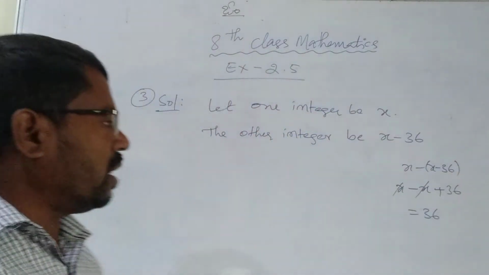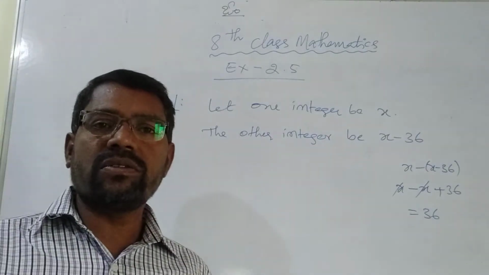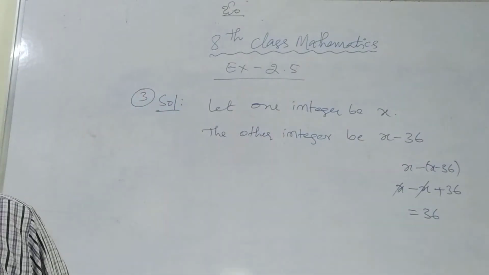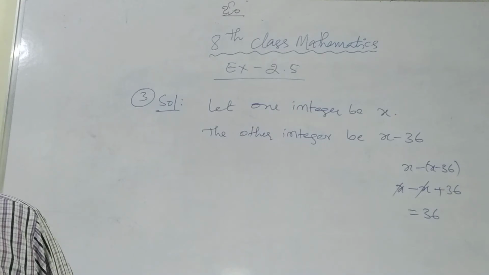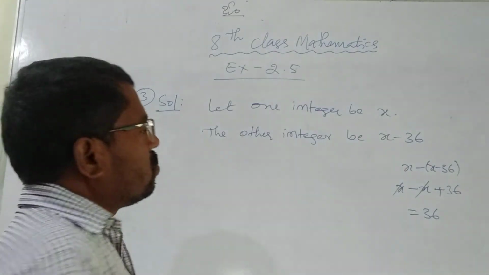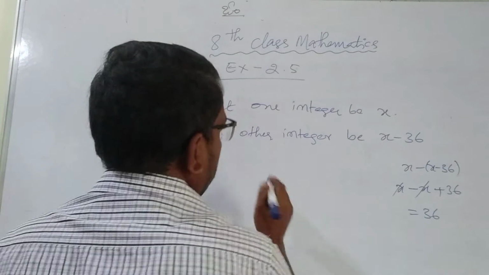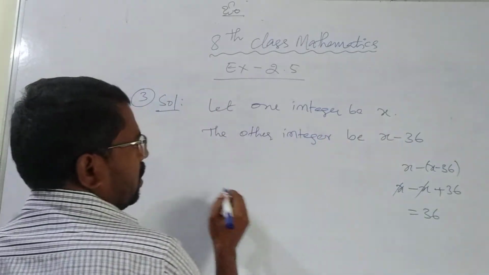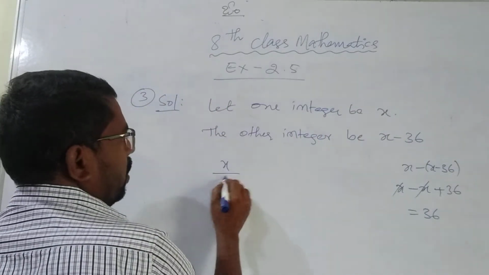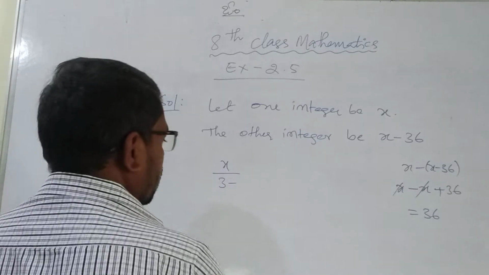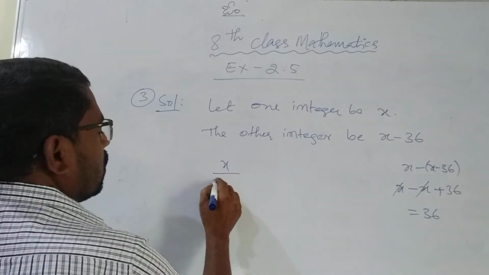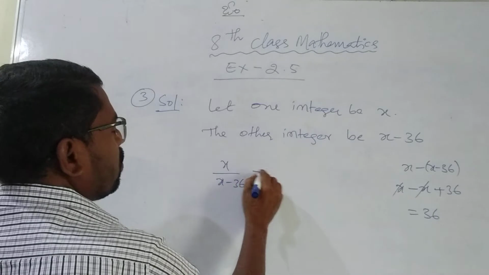Now, once you see the question: the quotient when one integer is divided by the other. One integer divided by the other means I want to take the first integer divided by the second integer, that is x by x minus 36 is equal to 4.